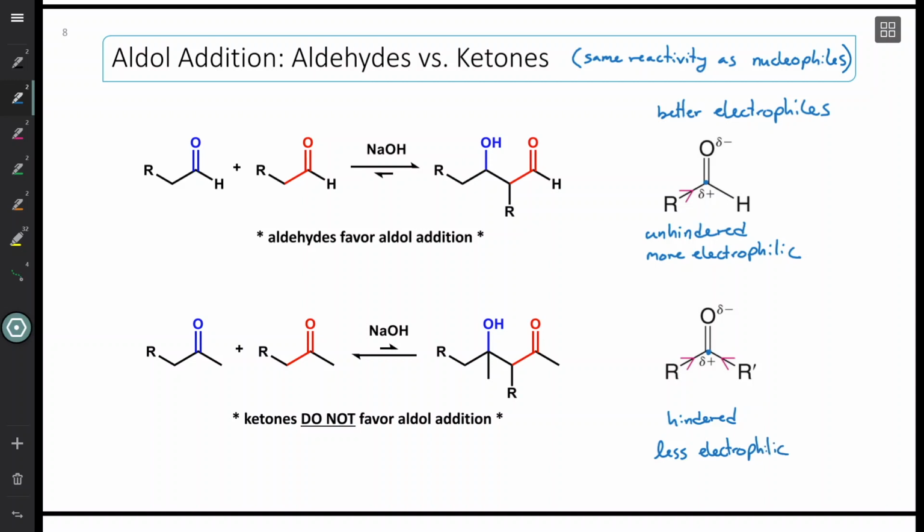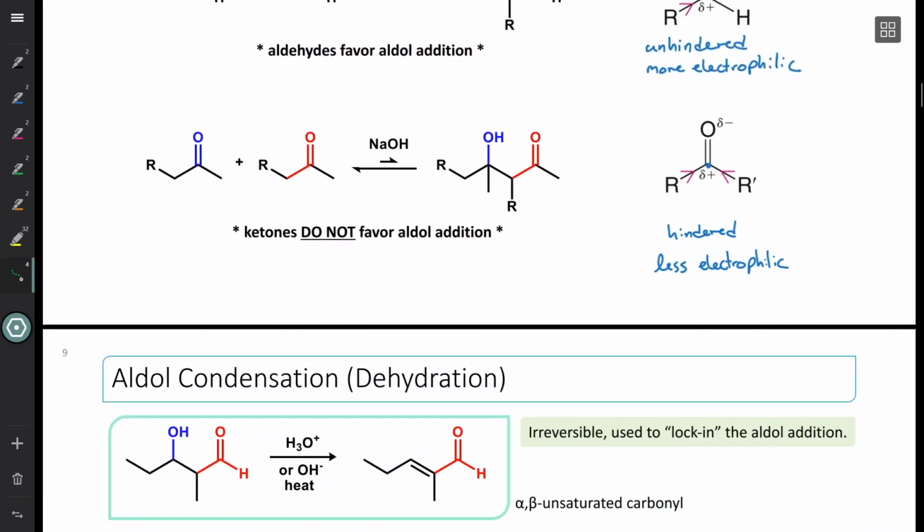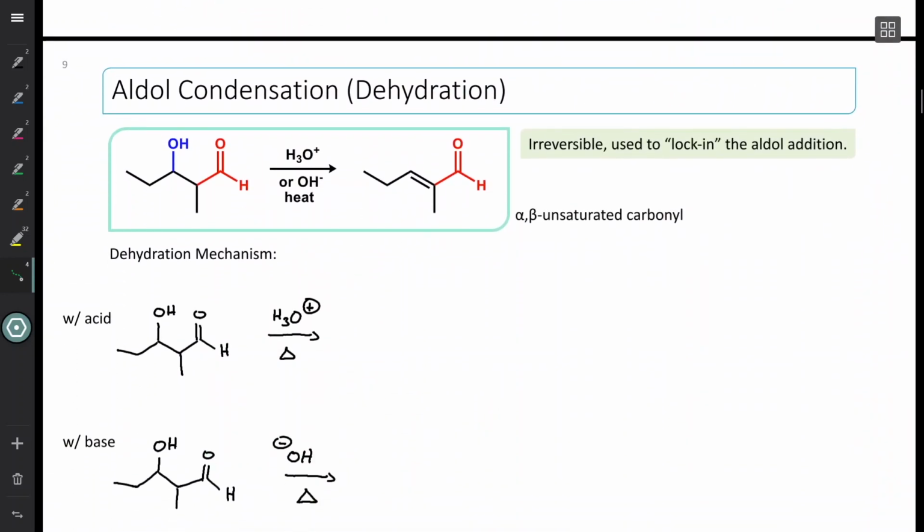So that makes ketones less reactive in an aldol reaction. They're less likely to be attacked by an enolate when the enolate is formed, whereas aldehydes will get attacked readily. So if you want to make the ketone condensation product, you can help push this forward by doing the dehydration.